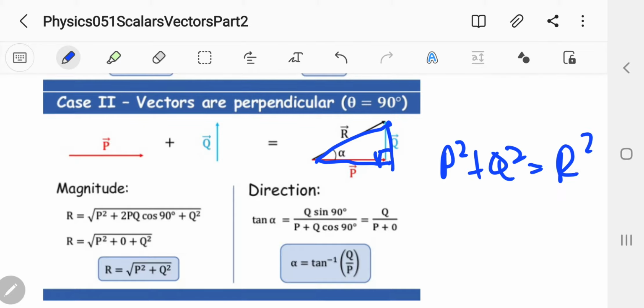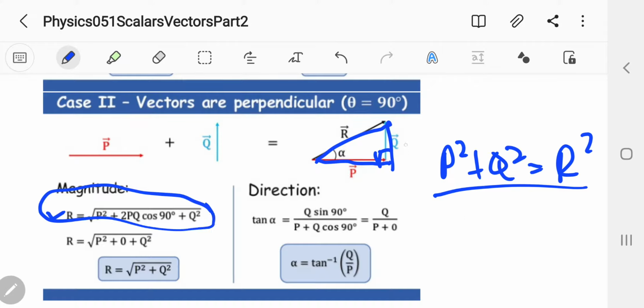That is for right triangles only. For other triangles, this does not work. You have to follow the cosine law. In general, that one is to be followed. Only for right triangles do you use this one.